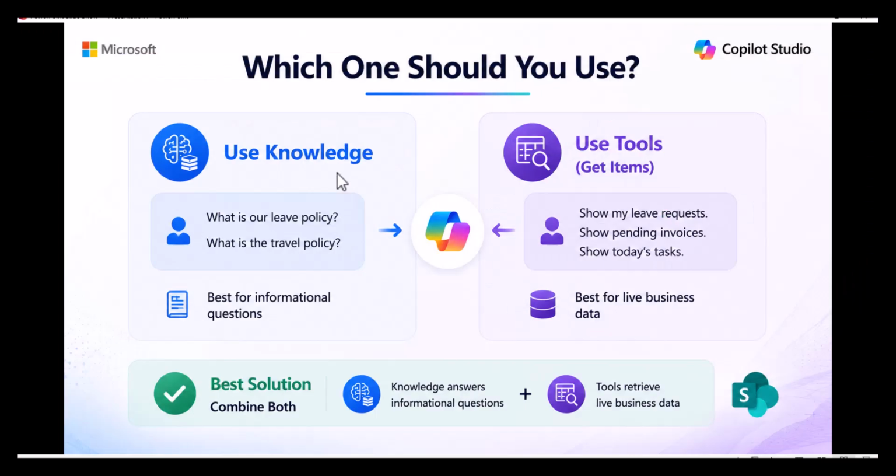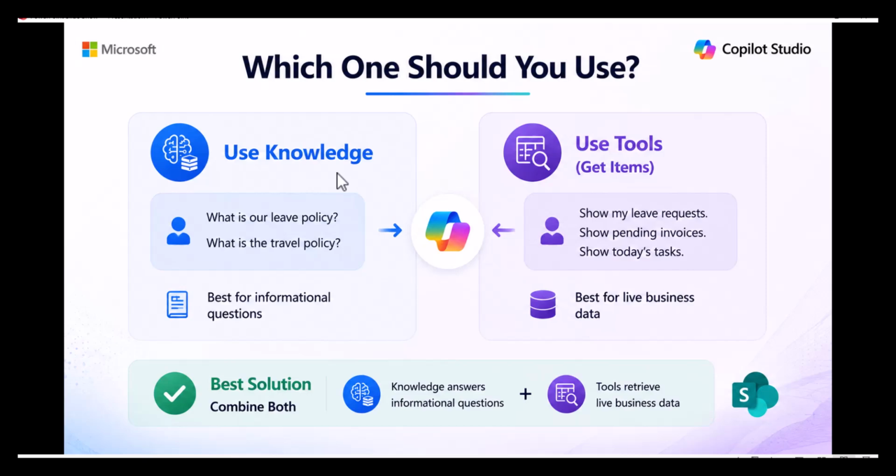If your user asks what is our leave policy, what is the travel policy, use the knowledge source. If the user asks show me my leave request, show me pending invoices, show today's tasks, use the tools. In a real project, the best solution is usually to combine both of them. Knowledge answers the information questions, the tools retrieve the live business data, right?